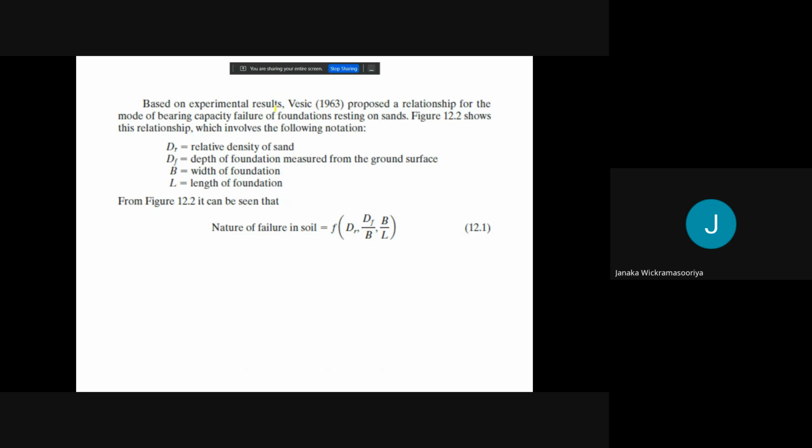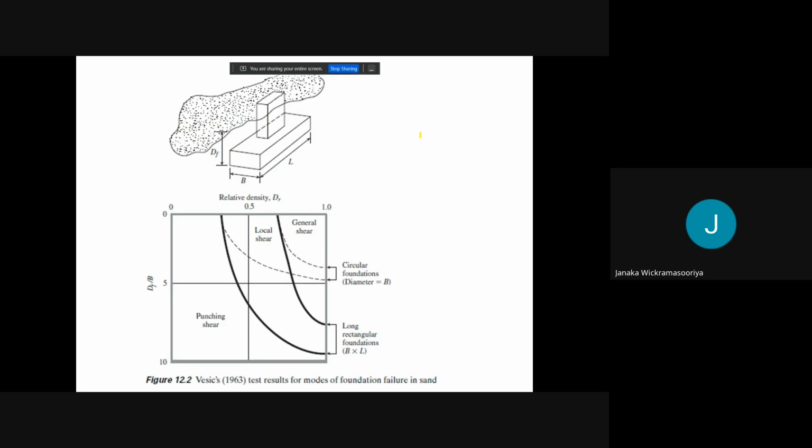Based on experimental results, Vesic proposed a relationship for the mode of bearing capacity failure of foundations resting on sands. Vesic's test results for the modes of foundation failure for this type of foundation are based on the dF over B value, the relative density, and the B over L value.